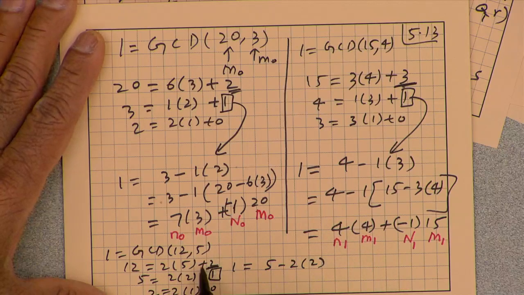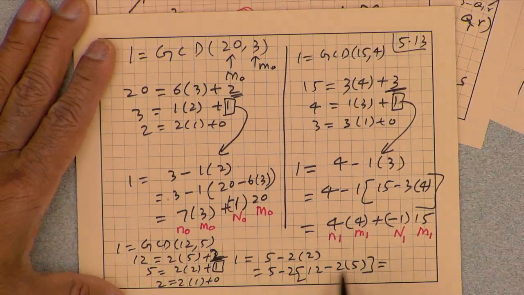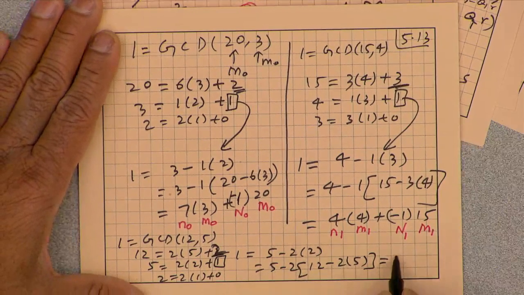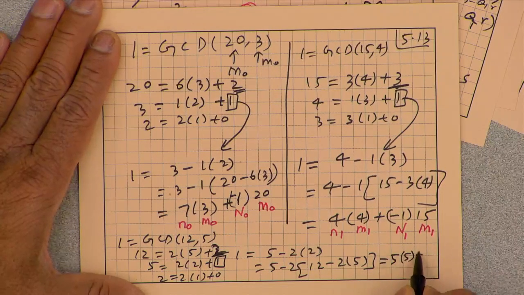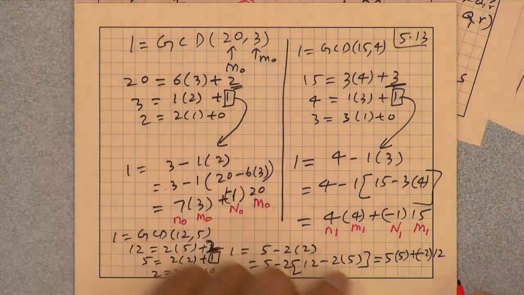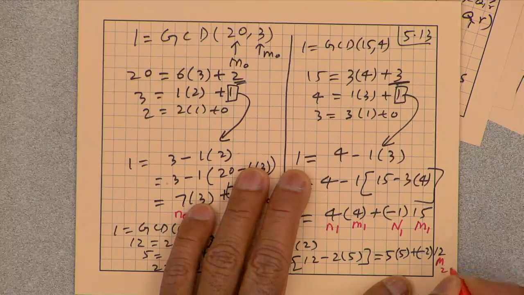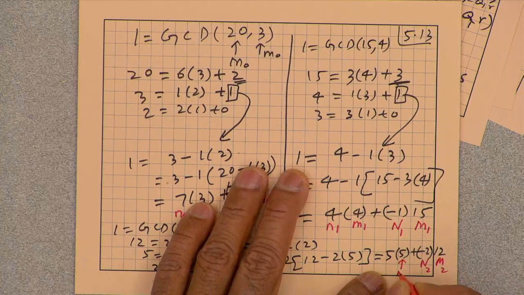Substitute this 2: 5 minus 2 times (12 minus 2 times 5), which is 5 times 5 plus minus 2 times 12. So this gives M2 and N2.